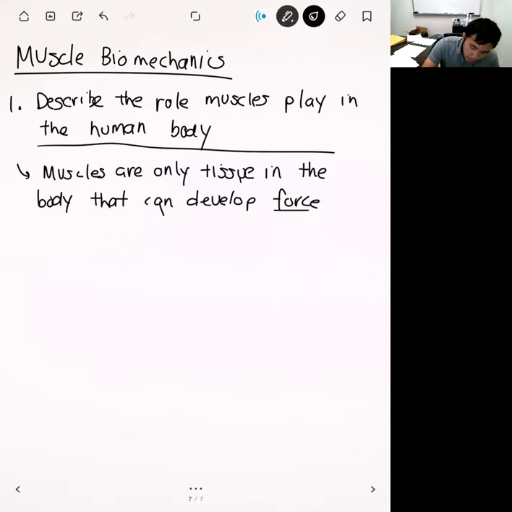And then the only force that it can do is that, we know that muscles can only contract, right? And so the type of force that they generate is tension.